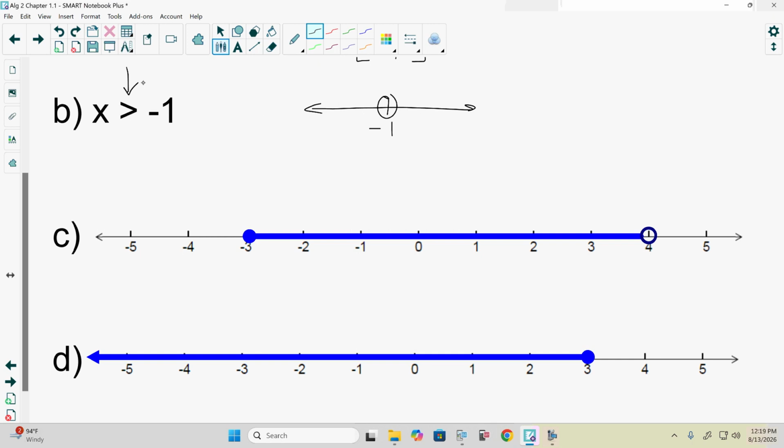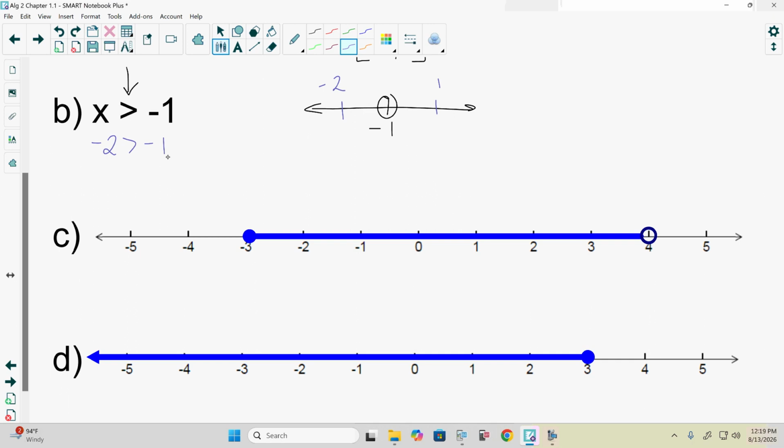Now, do we shade to the left or to the right? So what's a number that would be to the right of -1? 1. What would be a number to the left? -2. So if I said replace x with -2, is -2 greater than -1?